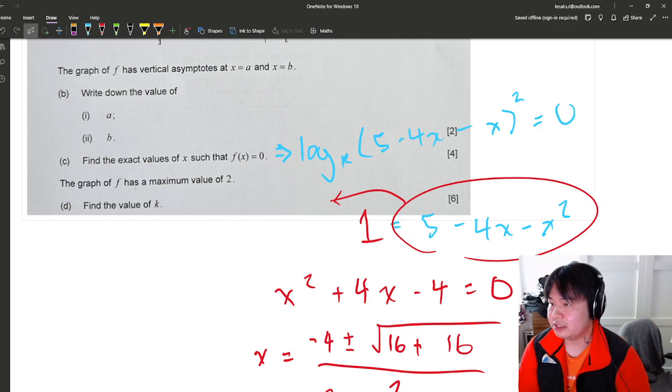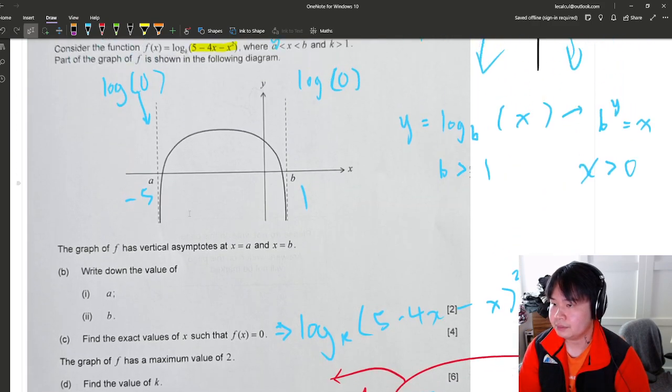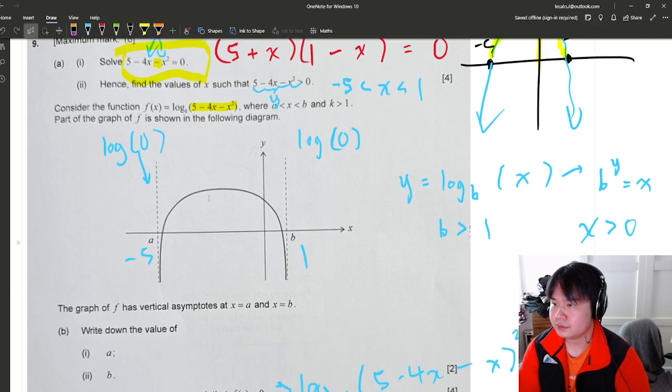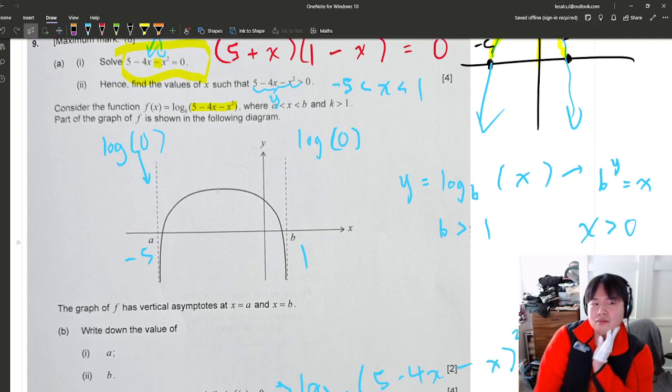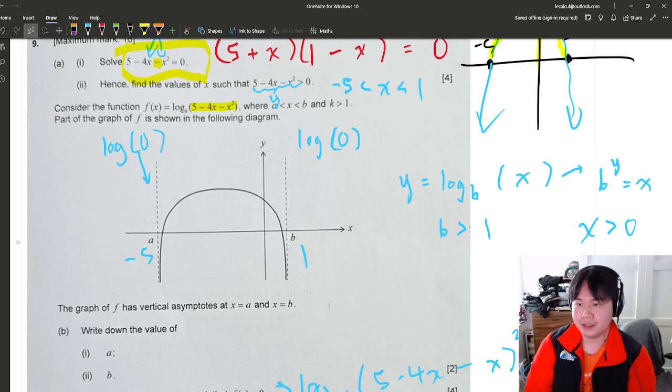And then let's see, the graph of f has a maximum value of 2, find the value of k. So this is a maximum value. It's worth 6 marks, by the way.